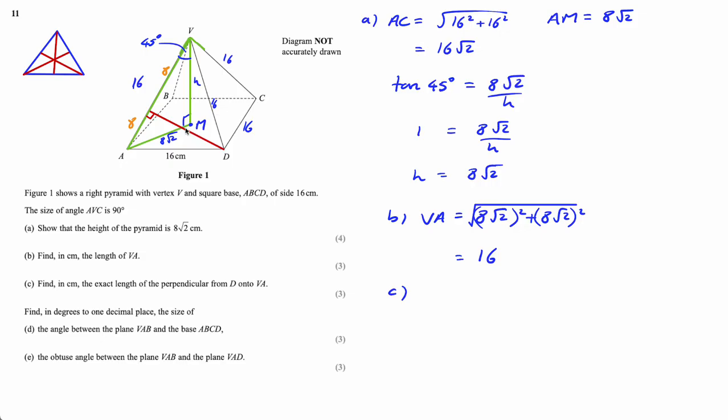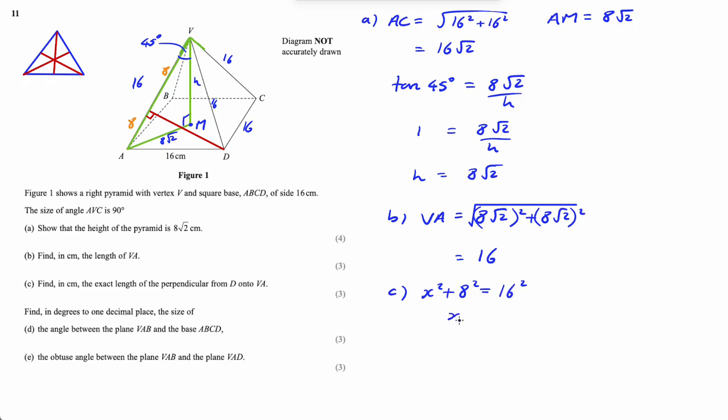Now if I have that's 8 and that's 16, I can just use Pythagoras again. Thank you, Pythagoras. Let's call it x. It's not the hypotenuse, 16 is the hypotenuse. So x squared plus 8 squared equals 16 squared.